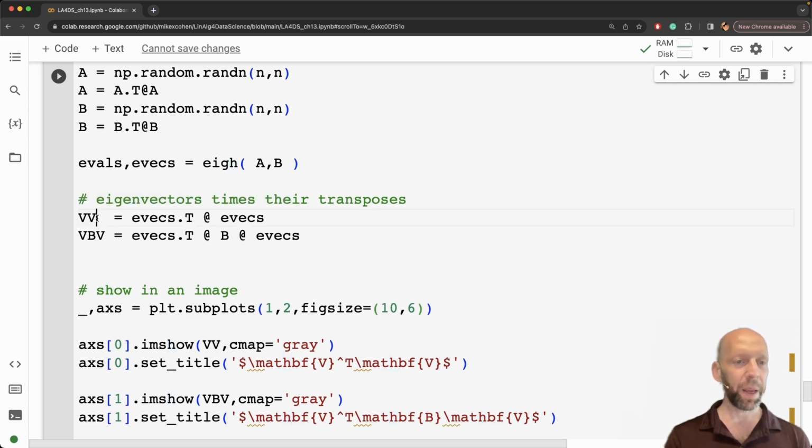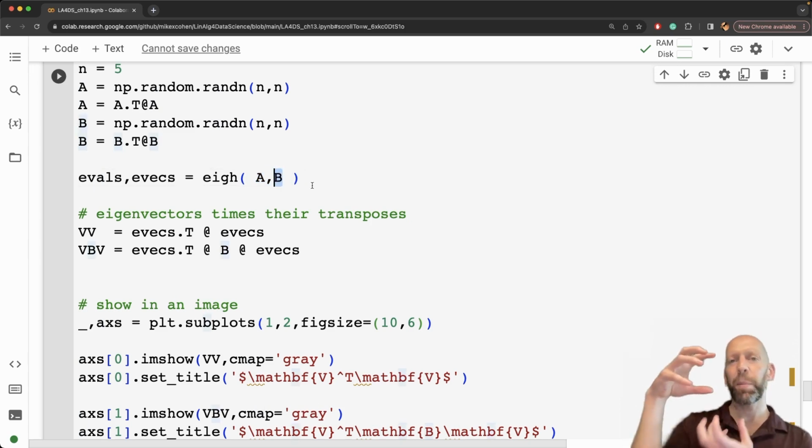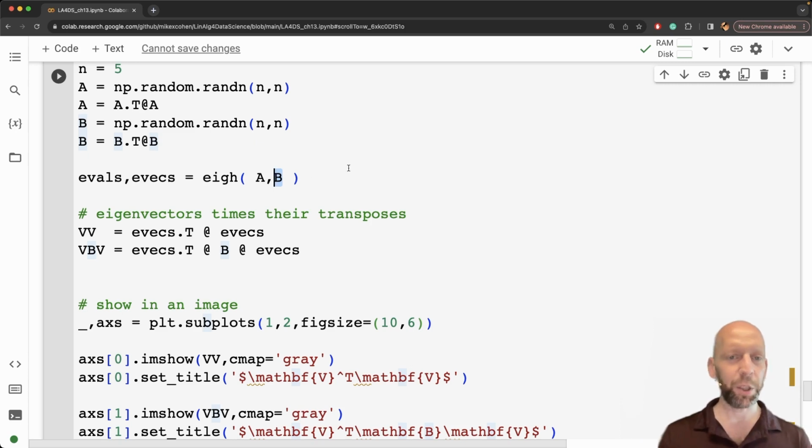Then we have V transpose V. I guess I could have written it like this, but anyway, it's V transpose times V, and here is the same thing, but with matrix B in the middle. Remember that when you take the generalized eigendecomposition like this, you input A and then B as the second input. B is acting like the denominator matrix, so to speak, in the generalized eigenvalue equation.